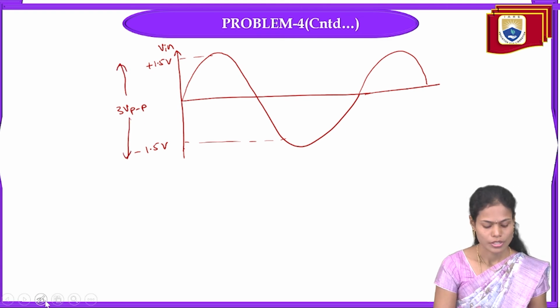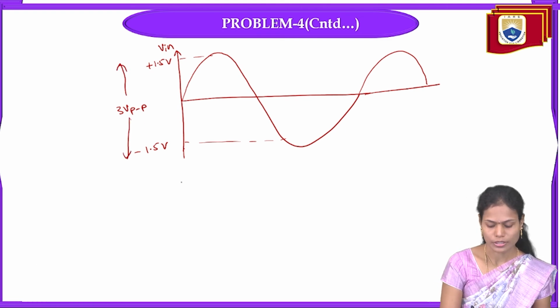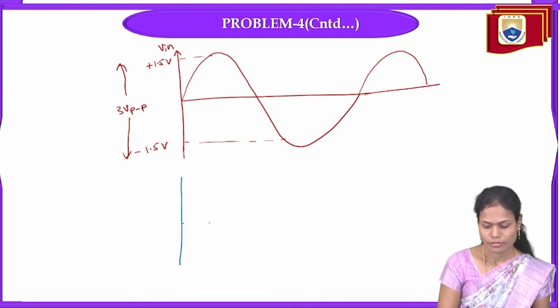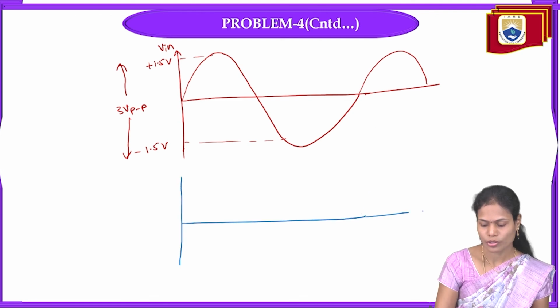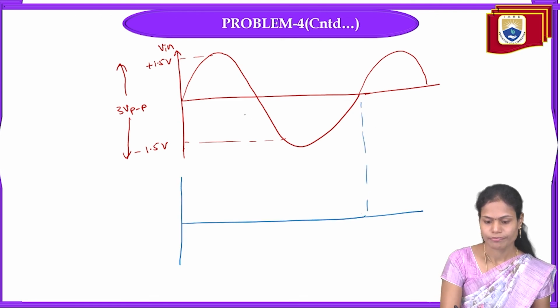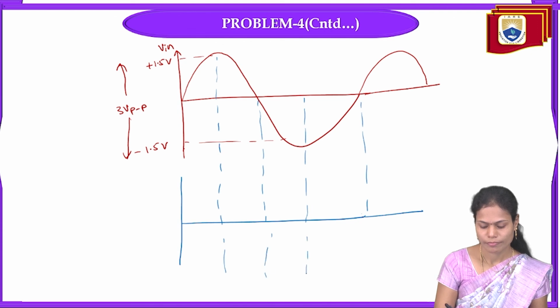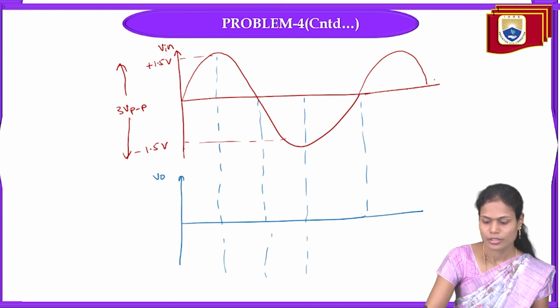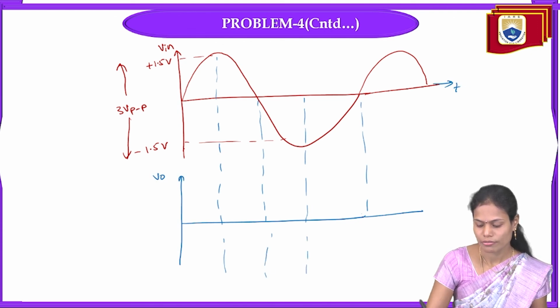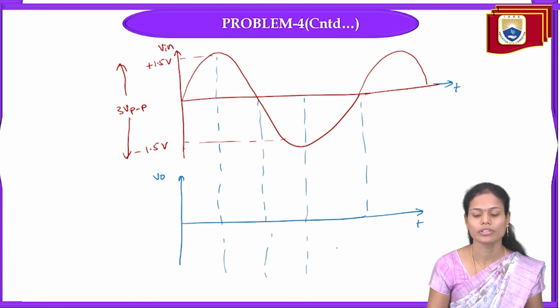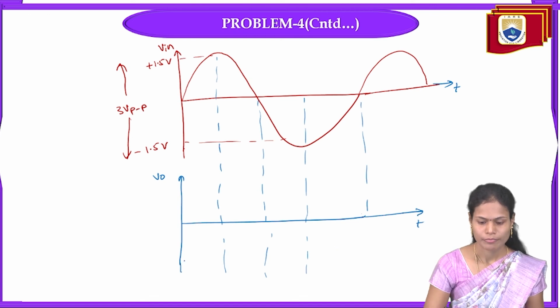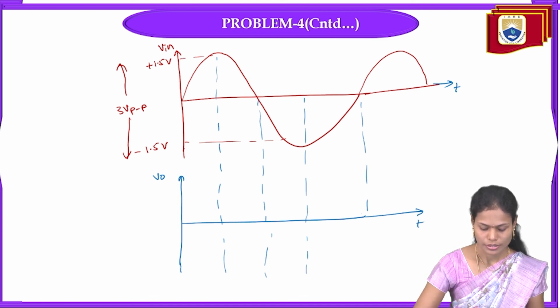For this, the output signal is shown for only 1 second. This is V0. This is also varying with time period, and here we will get the signal.